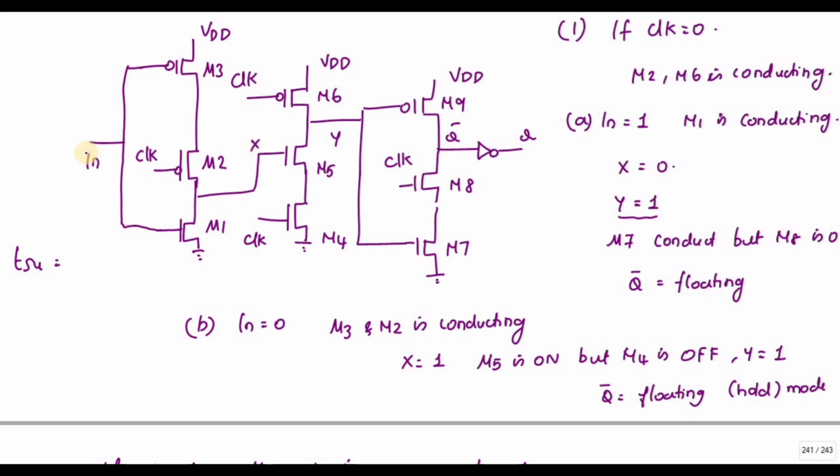So the input has to reach the X. It is nothing but 1 inverter delay. Next hold time, THT, that is also equal to, this hold time must be less than this inverter delay.